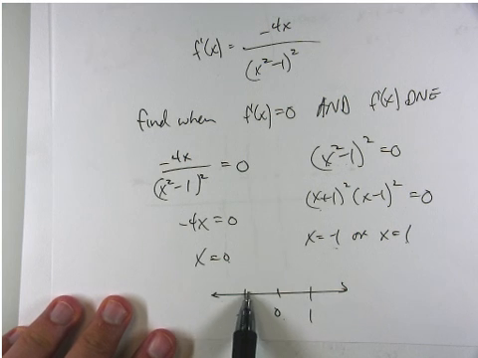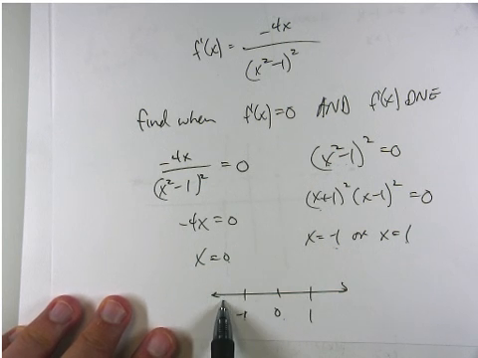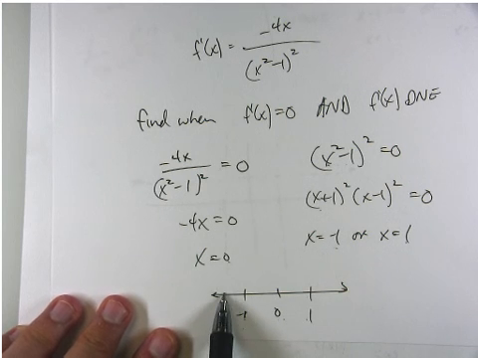So that's telling me that all of the points less than negative 1 are either all positive or all negative. They're not both. It can't be a mixture of both because the only time that you could change are at these 3 times. So over here, how do I decide whether the function has a positive slope or a negative slope?